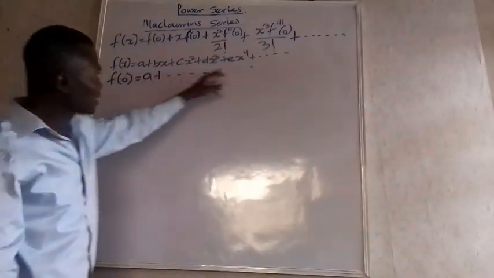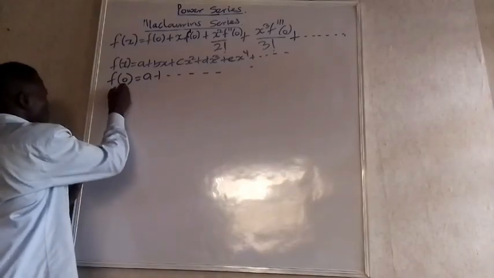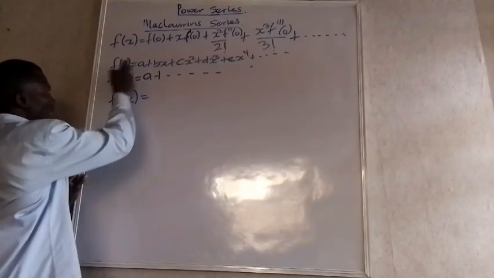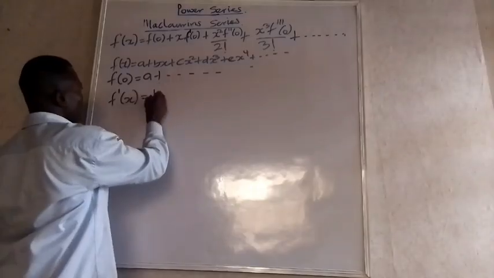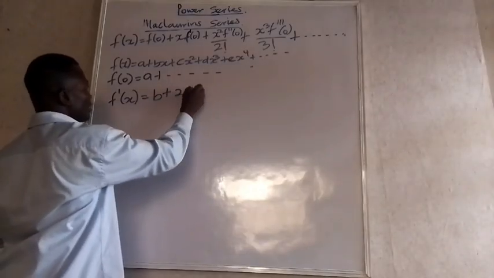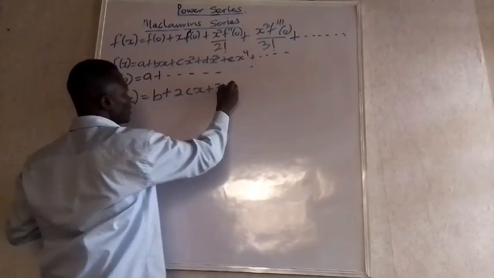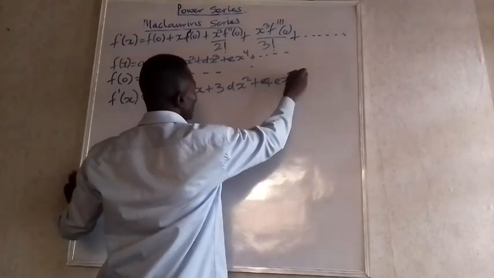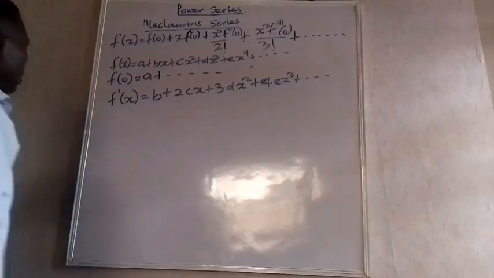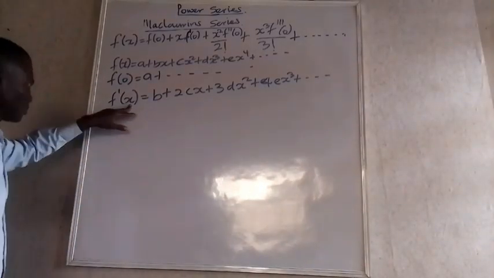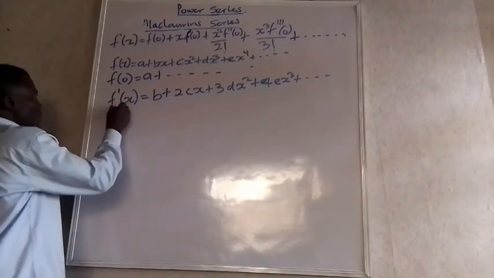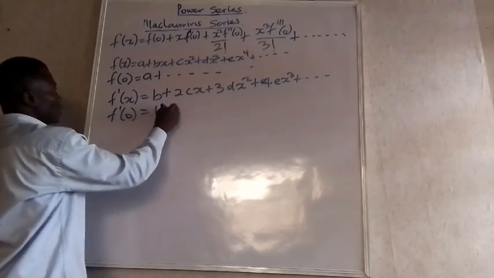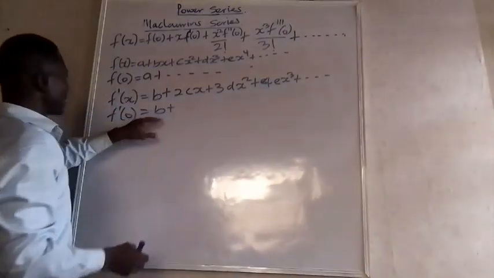Now, when we differentiate this expression, a disappears and we have b plus 2cx plus 3dx squared plus 4ex cubed plus and so on. If I want to find b, I put 0 here, so f'(0) equals b, and all the other terms become 0.